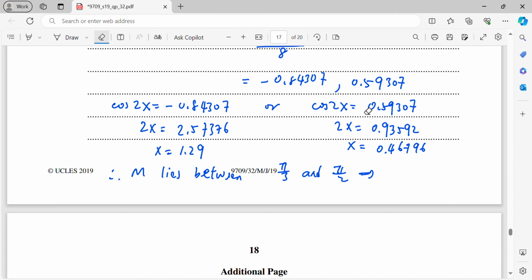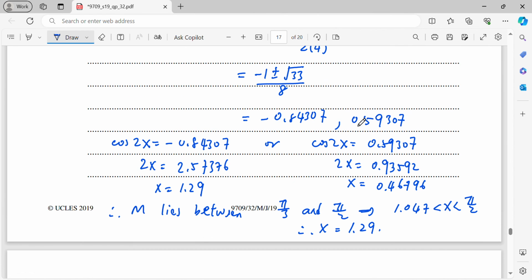Okay, that means you can just write x must be greater than 1.047 and less than half pi. So obviously your x is 1.29. Okay, so that is the solution of this question.